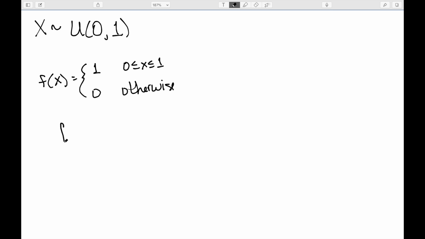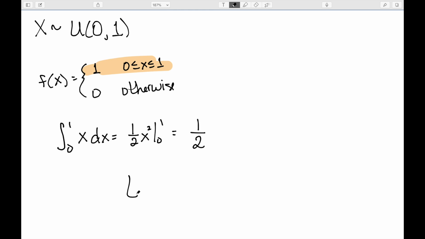So in this case, we would need the integral from 0 to 1 of x times f(x), which is 1. So x times 1 dx. Well, the integral of x is 1/2 x squared between 0 and 1, and evaluating this is going to give me 1/2. So the expected value of the uniform distribution between 0 and 1 is 0.5.